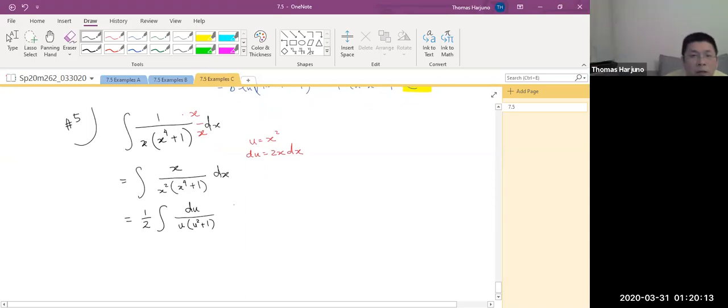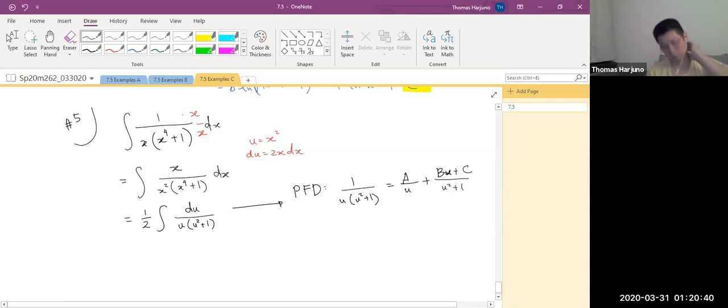Then from here, we do partial fraction decomposition. 1 over u times u squared plus 1 equals a over u plus bu plus c over u squared plus 1. Multiply by the LCD.